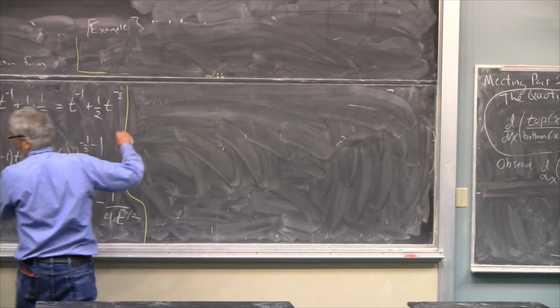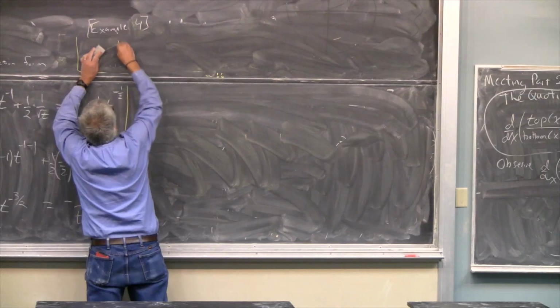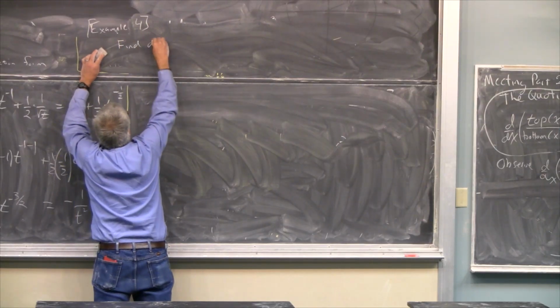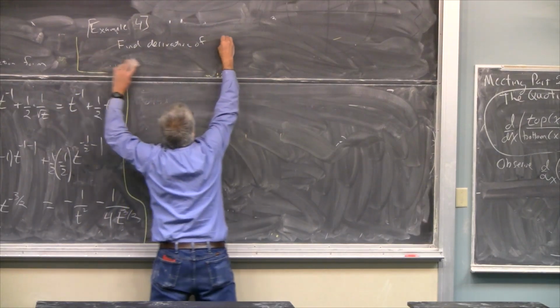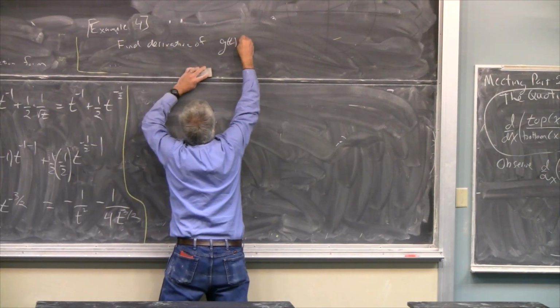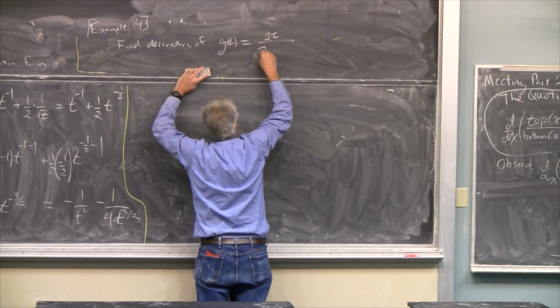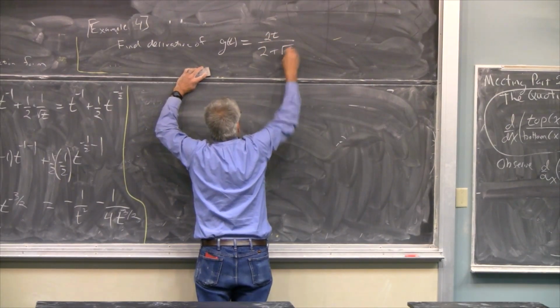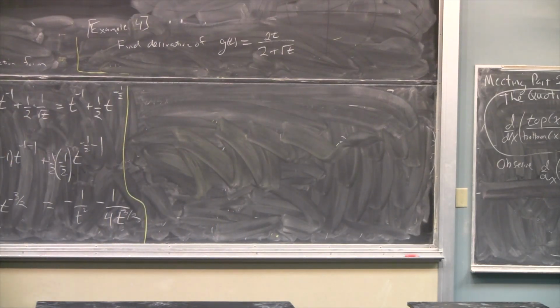Example 4, find the derivative of g of t. Now we're going to have 2t on top and then 2 plus the square root of t on bottom. So notice that g is just the reciprocal of f.